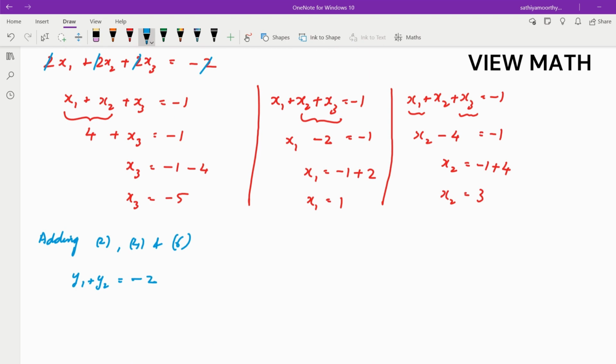This is the second equation. And the fourth equation is y2 plus y3 is equal to 8. And the sixth equation is y1 plus y3 is equal to 4.